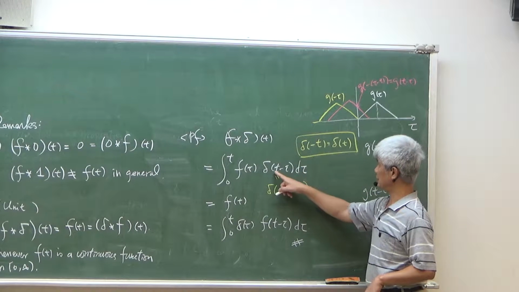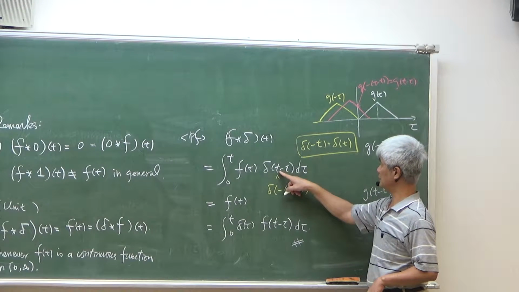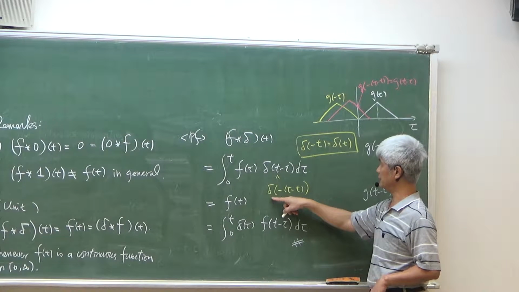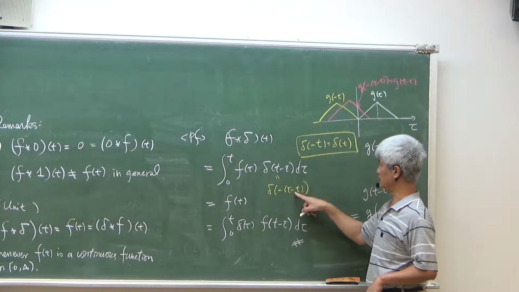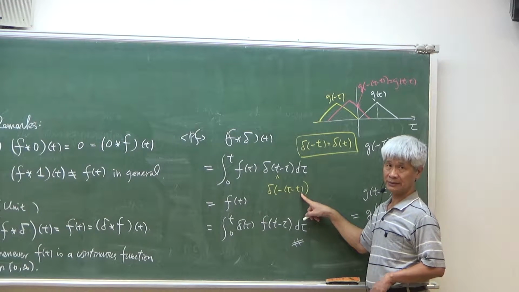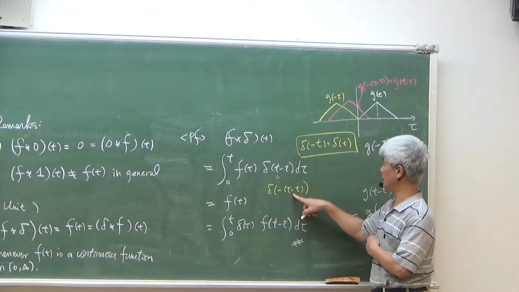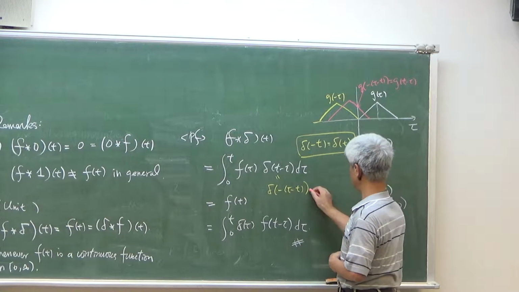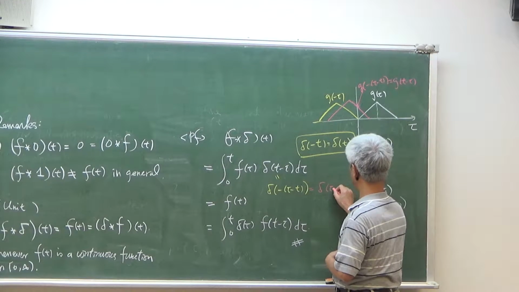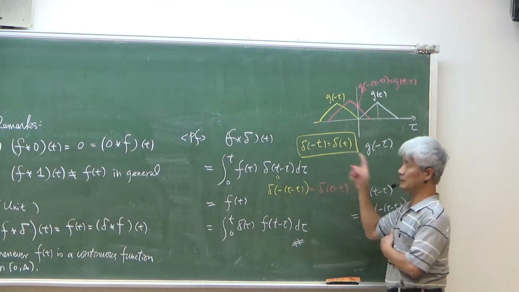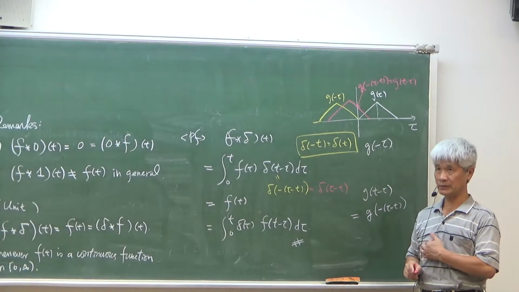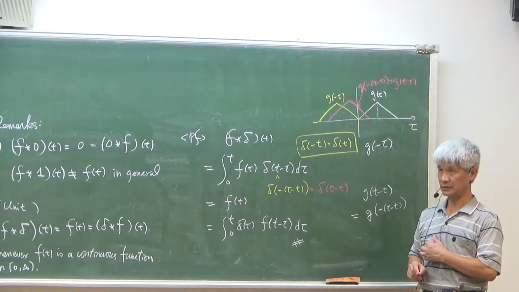So this one, delta of t minus tau, is equal to delta of minus tau minus t. Now you can express it this way, and this is equal to delta of tau minus t, by using the even function property of the Dirac delta function.